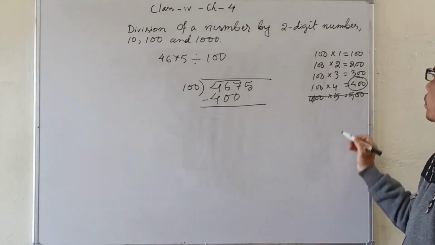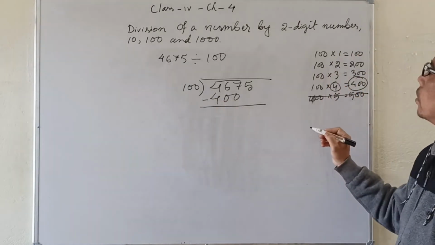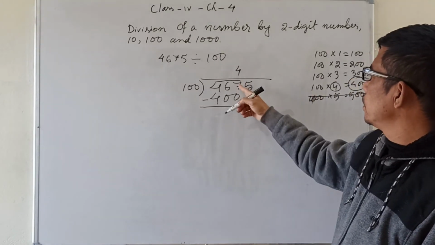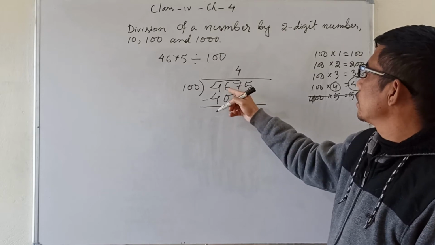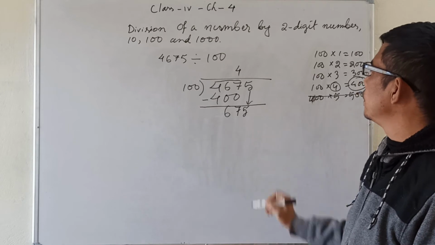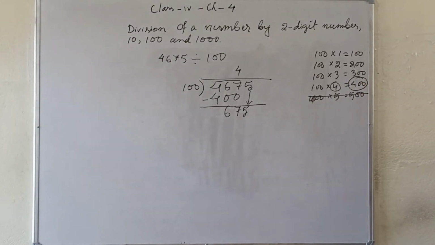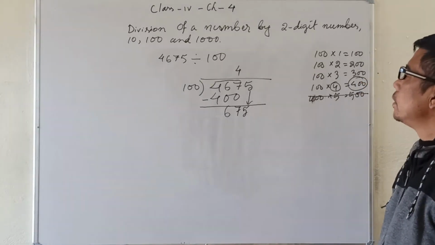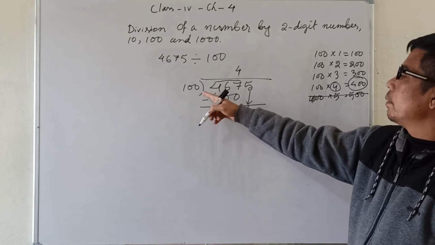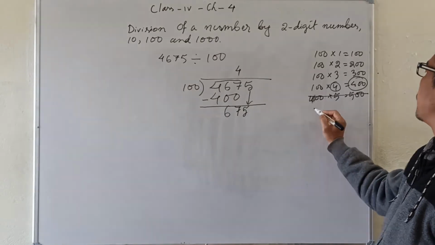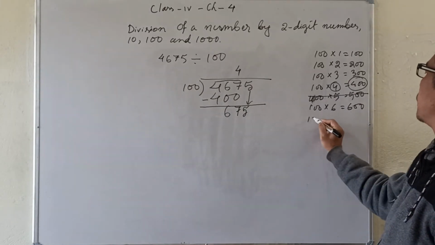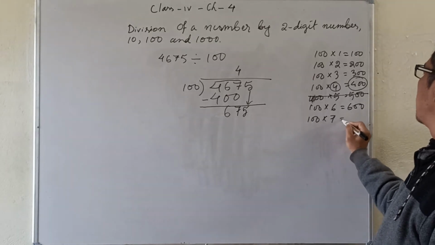And what will be there in the quotient? 4. Seven minus 0, 7. 6 minus 0, 6. Then bring down 5. Again we will search 675, or nearest to this in the multiples of 100. So 100 6s are 600. 100 7s are 700.